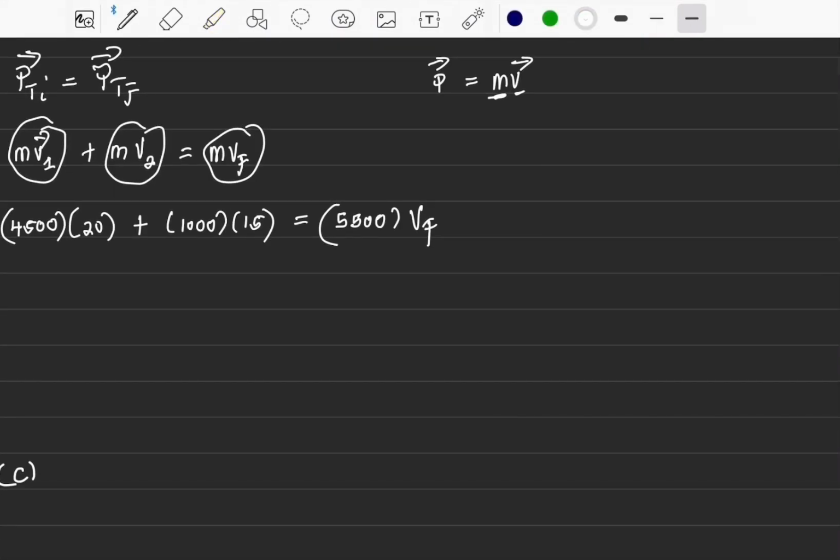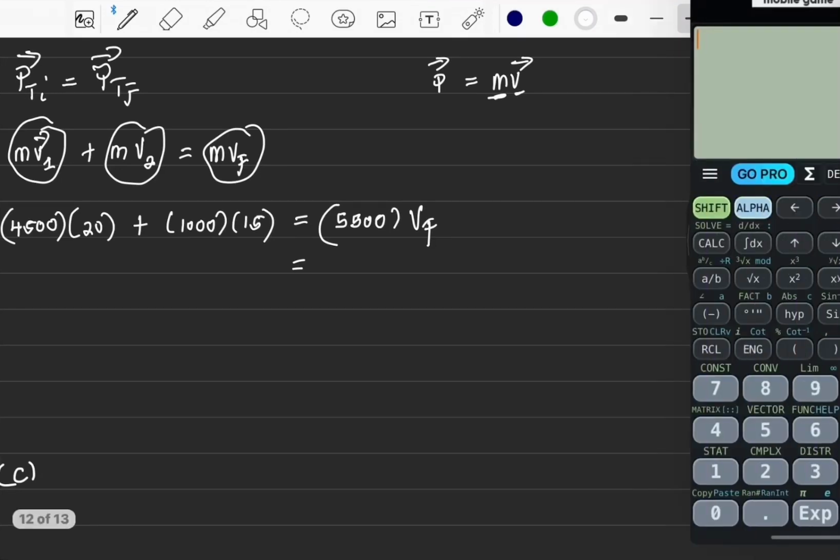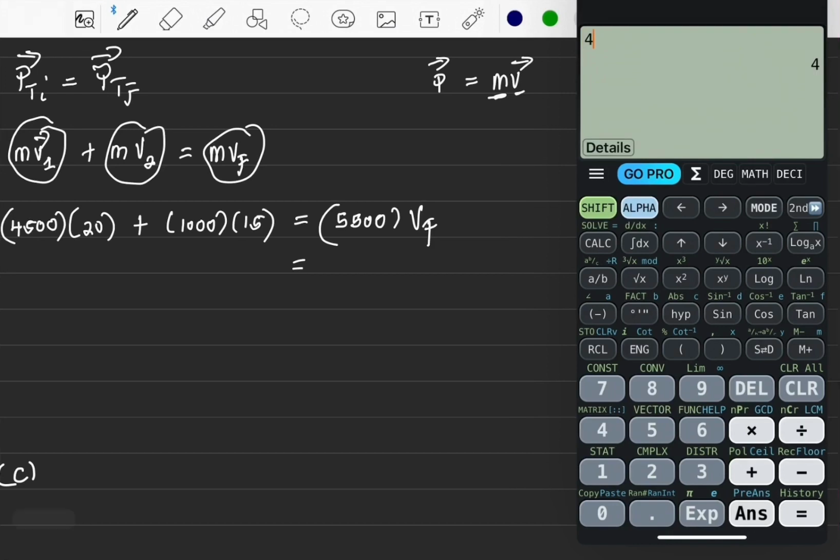So you continue and do your calculations. We have 4,500 multiplied by 20, which is equal to 90,000, plus 1,000 multiplied by 15, which is equal to 15,000.